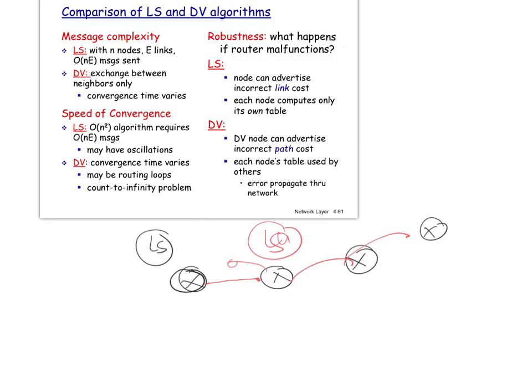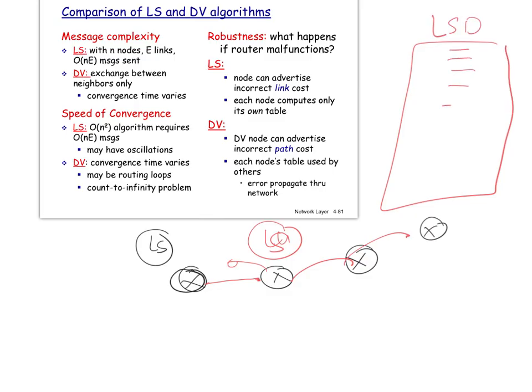And every single router will have to collect a full link state database that contains the individual link states for all the edges in order to be able to apply Dijkstra and calculate the shortest path tree. In order for this to happen, I have to flood this throughout the whole network. So in terms of communication cost, it's even more than this.